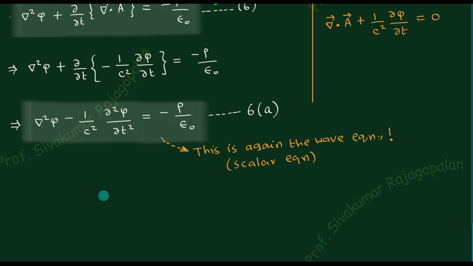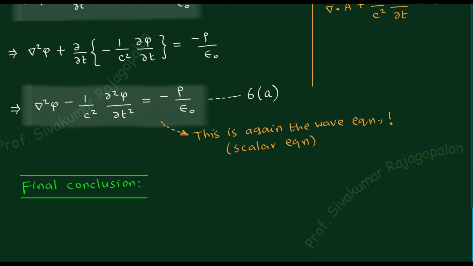And this is a scalar equation, so we have only one component. Our conclusion is that we ultimately have everything in a single form, namely the wave equation, and therefore we can solve all of them.